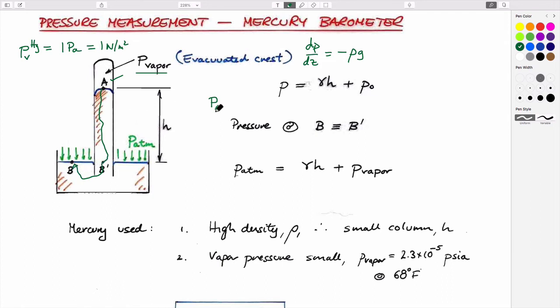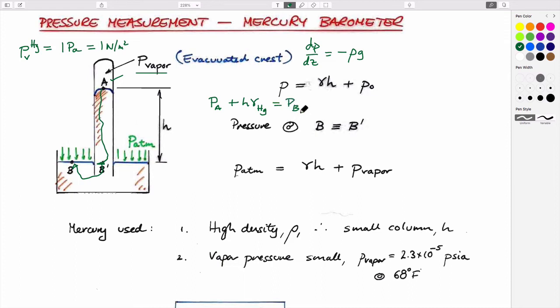So the pressure at point A, we're going to go down some height h to this point here. We're going down in the fluid, so the pressure is going to go up, to this point here. And we know that the pressure at this point, because it's on the same horizontal line, has to equal the pressure at B.